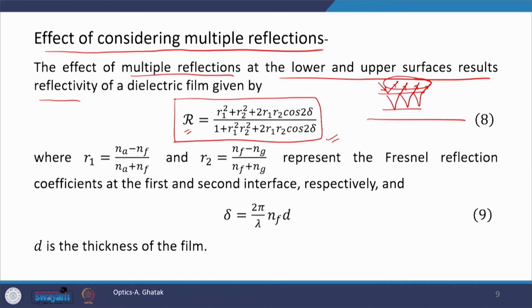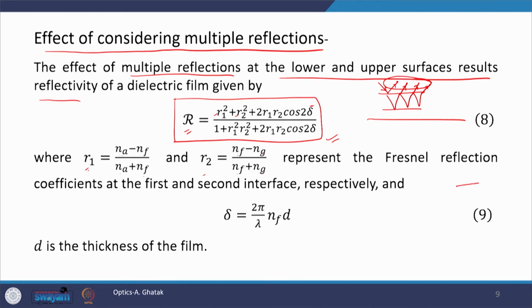Now, here you see that we have an R1 term, an R2 term, and there is a phase part delta. R1 is given by (Na minus Nf) upon (Na plus Nf), while R2 is (Nf minus Ng) upon (Nf plus Ng). From this expression you can see that R1 is the reflection coefficient of the first interface of the thin film, R2 is the reflection coefficient of the second interface of the thin film.